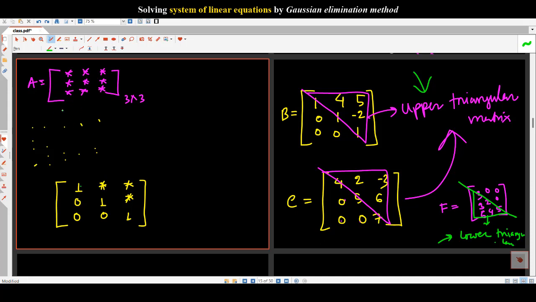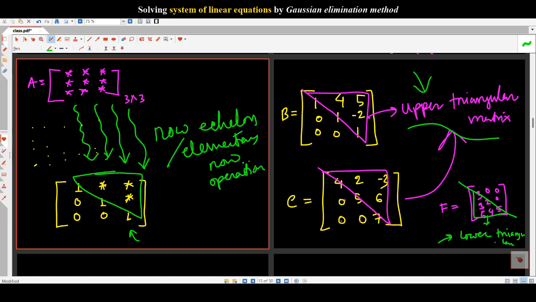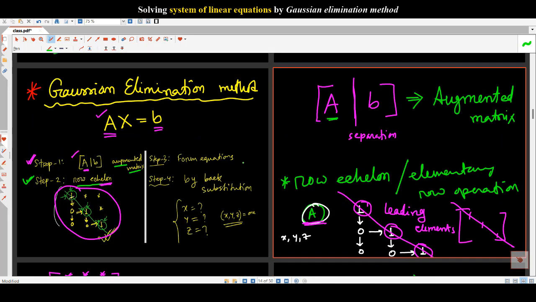So from the coefficient matrix, if with some operations we can write the coefficient matrix as an upper triangular matrix like this, then this process is actually known as row echelon or elementary row operation.